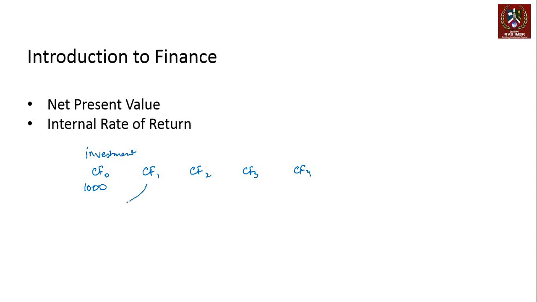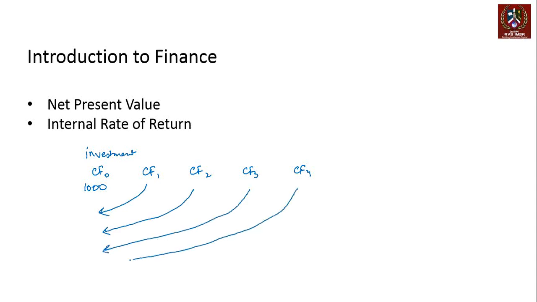What does present value do? Present value brings all of these cash flows to the same time point. Once you have identified the present value, a normal summation or a sum of these cash flows can tell you whether it makes sense to invest in the project or not.